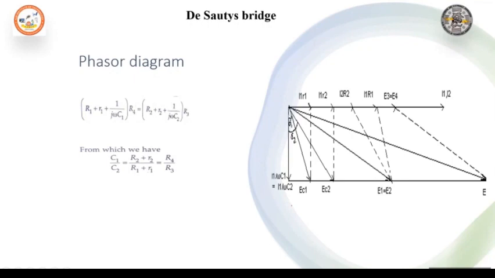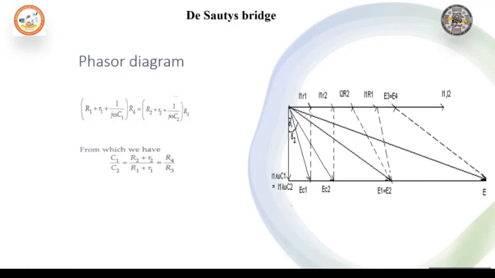Similarly, you can draw the perpendicular components, I1/(jωC1) and I2/(jωC2), which are perpendicular to I1 and I2. When I2 r2 is added to this component, you get EC2. Again, when I1 r1 is added to this component, you get EC1.